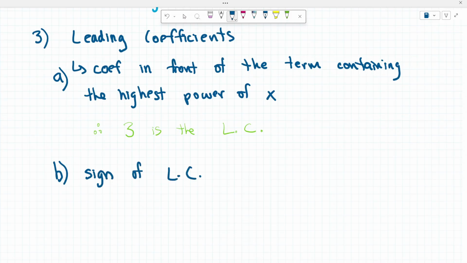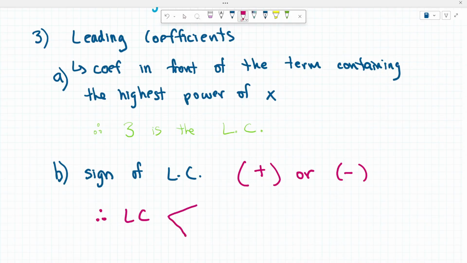So when I say sign, that means, is my leading coefficient positive or is my leading coefficient negative? Because the sign is very important when we talk about end behavior of polynomials. So therefore, when we talk about leading coefficients, we have to think about 2 things. We have to think about what is the value and also what is the sign.